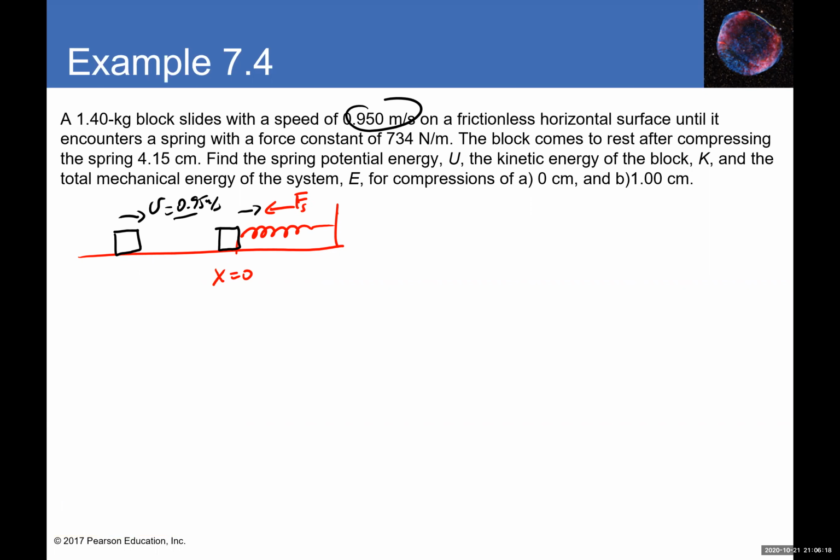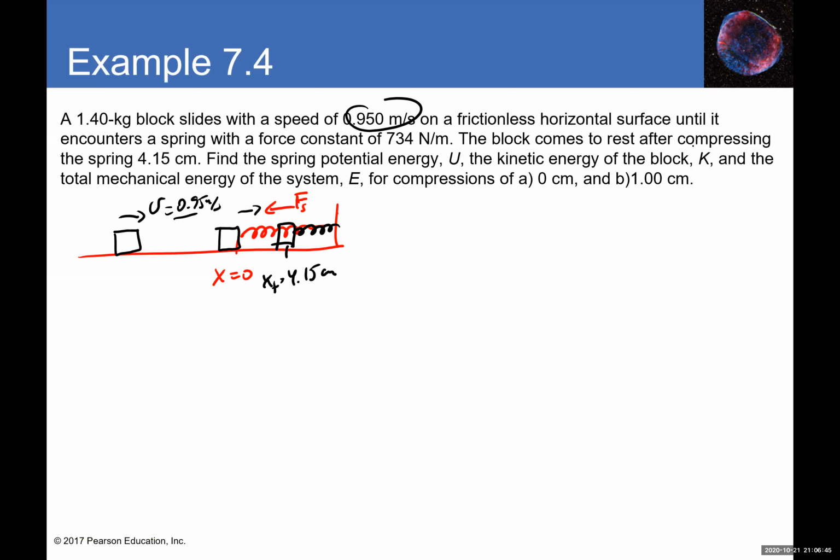Or we can say that whatever kinetic energy the block has, all that kinetic energy is eventually converted into spring potential energy. And it tells you that this block is going to compress the spring 4.15 centimeters until it fully stops.